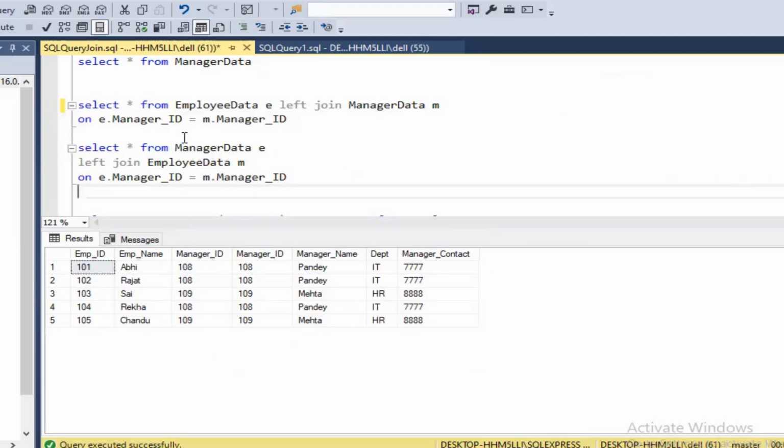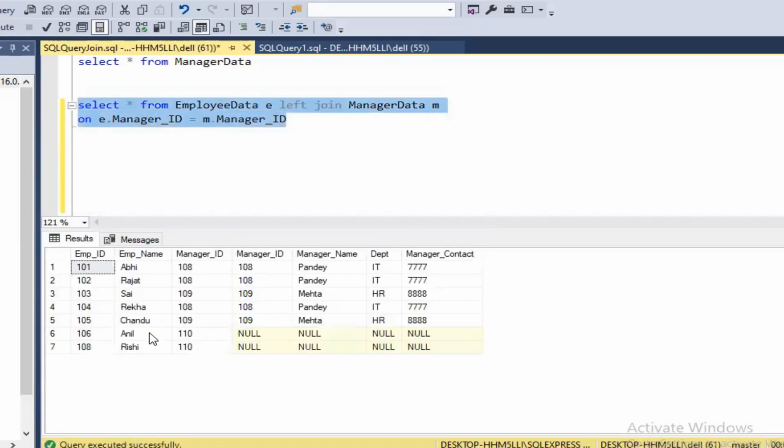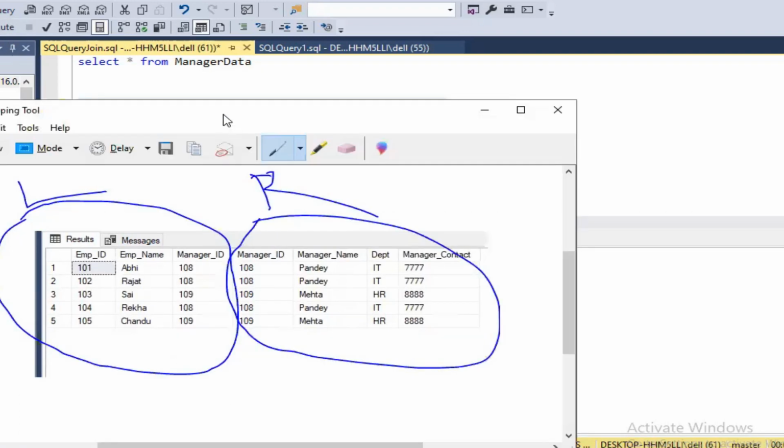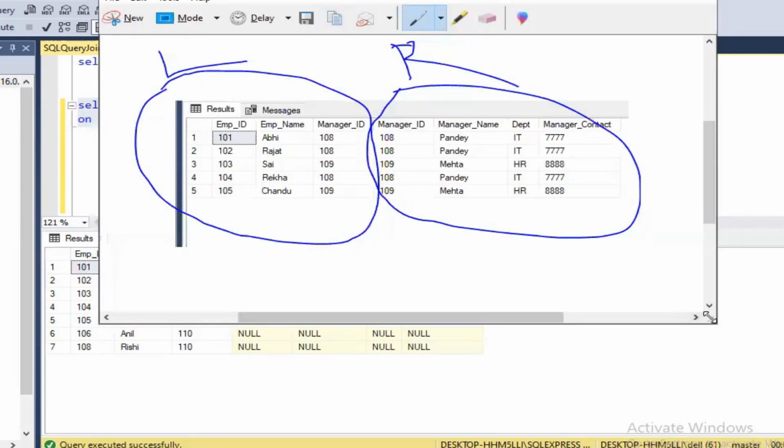Now you observe, once I mention it as a left join, you got all this side, the right side portion with null too, but all the data are the same, 108, 108, 109, 108, 109, everything is the same. Let me reduce this.